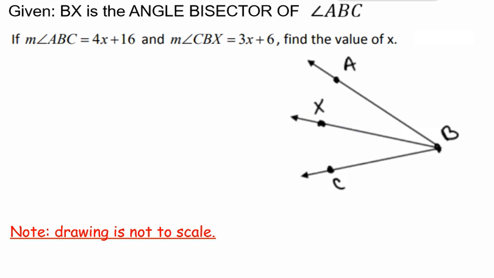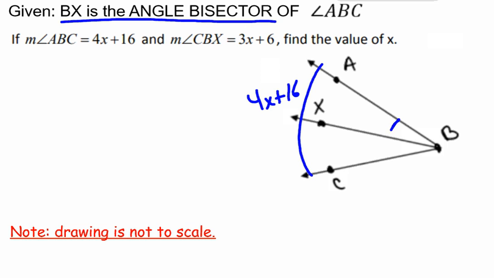Okay, last one. ABC is 4x plus 16. BX is the angle bisector. And CBX is 3x plus 6.